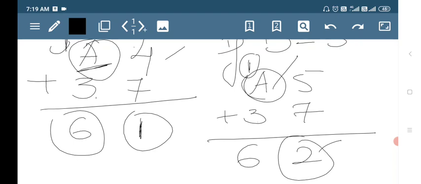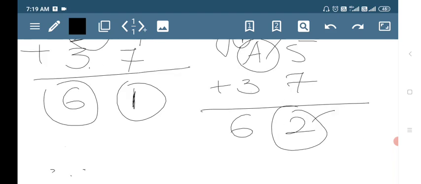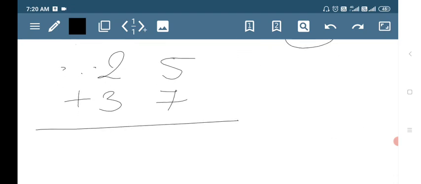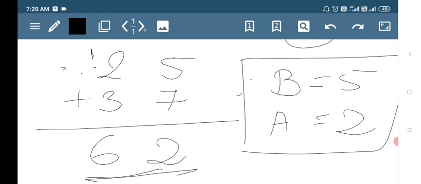So both the A's are the same now. So therefore 25 plus 37: 5 plus 7 is 12, carry 1, 2 plus 1 is 3, 3 plus 3 is 6. Therefore B is equal to 5 and A is equal to 2.